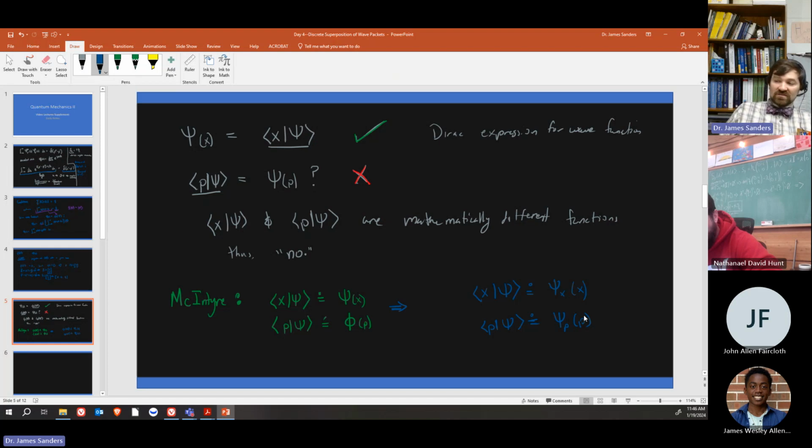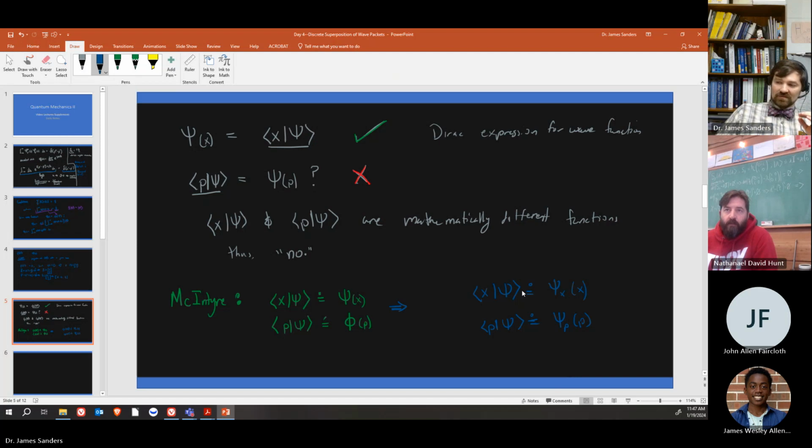McIntyre's uses fewer characters, but in using fewer characters, you kind of lose track of what's going on. Essentially, both of them are just trying to represent the state psi.